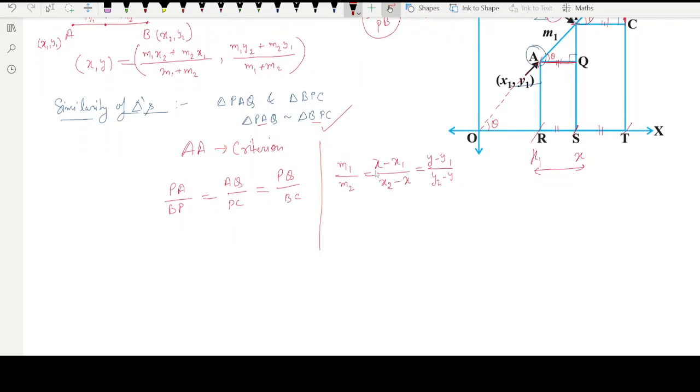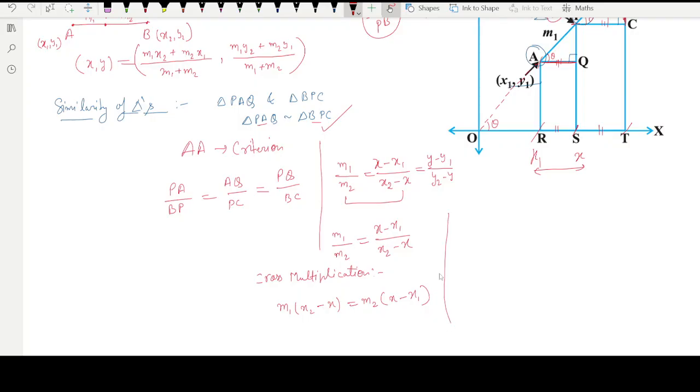Now let's solve the first two. We get m1 upon m2 is equal to (x minus x1) upon (x2 minus x). By cross multiplication, we get m1 (x2 minus x) is equal to m2 (x minus x1).